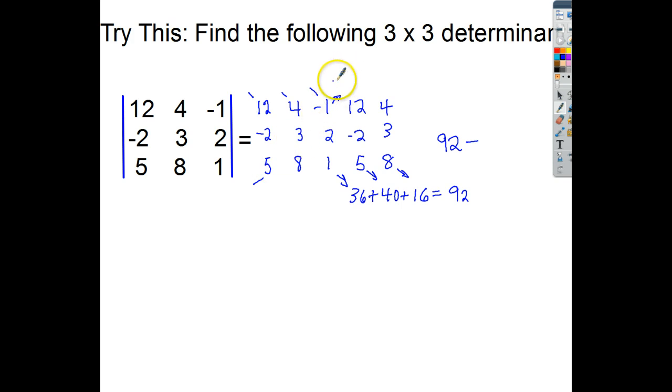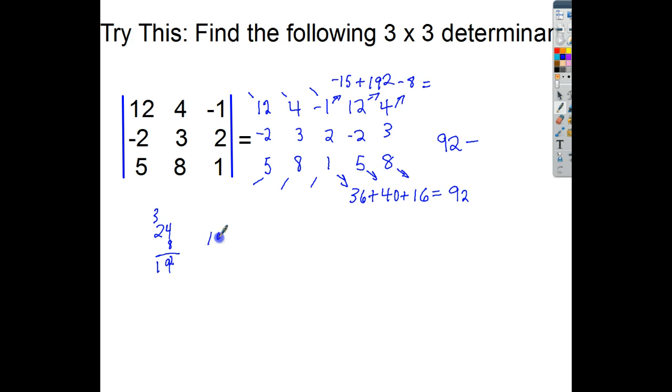5 times 3 times -1, -15, plus between them. 8 times 2 is, let's see, that's going to be 16. I think I'm going to do 24 times 8, and I don't want to do that in my head. I'm just going to do that over here. That's going to be 192. And the third diagonal going up, it's going to be negative 8.